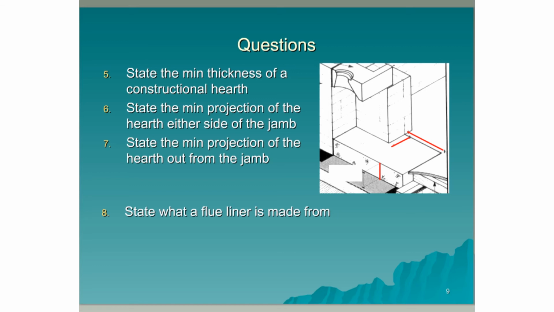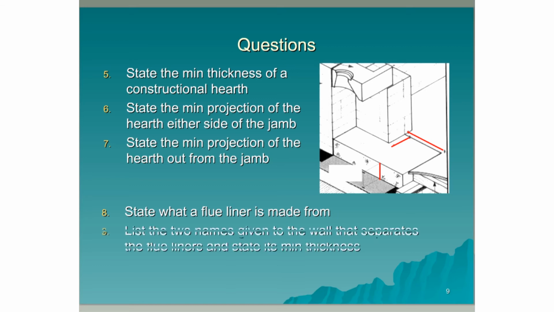State what a flue liner is made from. List the two names given to the wall that separates the flue liners and state its minimum thickness. When might this thickness be increased?